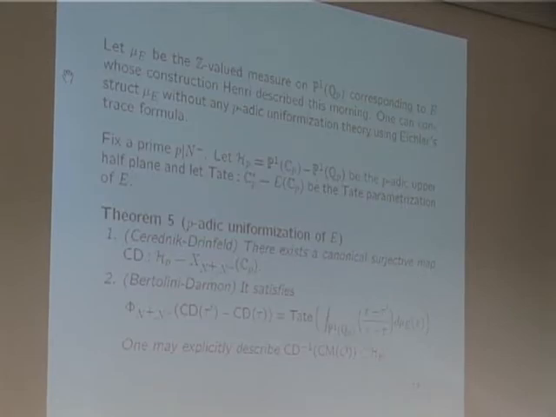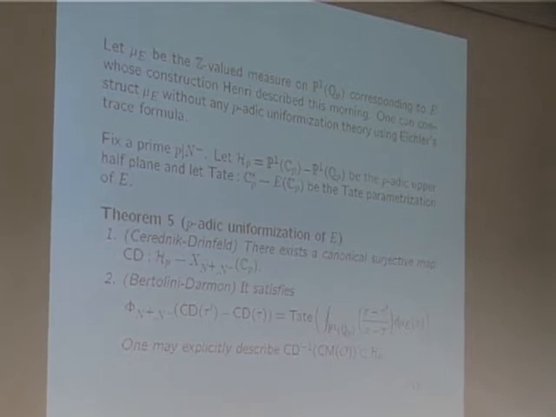And to grossly simplify the p-adic uniformization theory that Henri was talking about this morning, let me state the following theorem. There's a canonical surjective map, which I'll call CD for Cherednik-Drinfeld, from the p-adic upper half plane H_p to the set of Cp points of the Shimura curve X^{N+,N-}. Moreover, this map CD interacts nicely with the modular parametrization map in the following way.